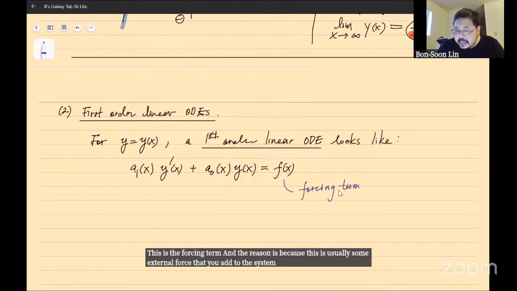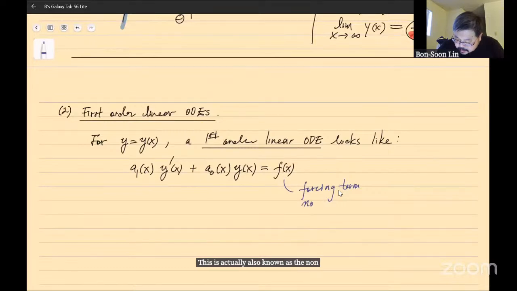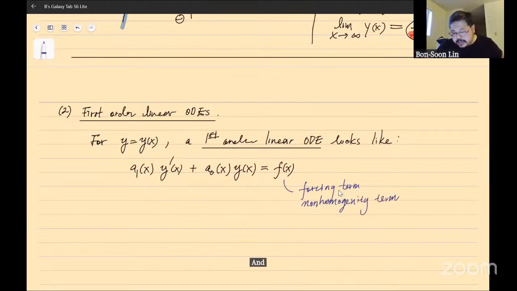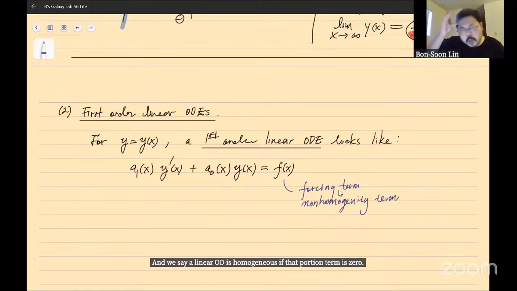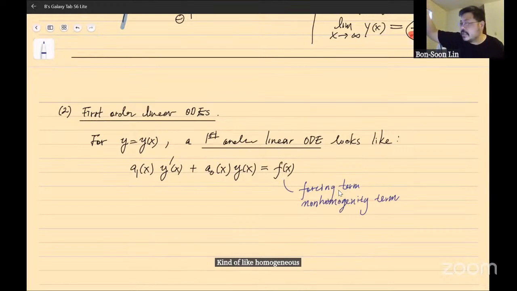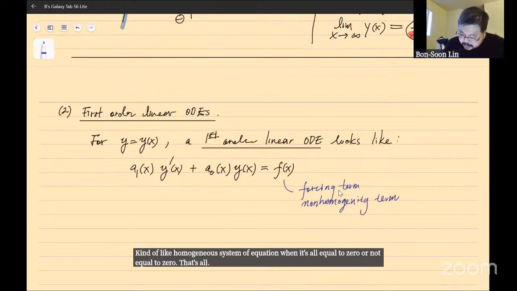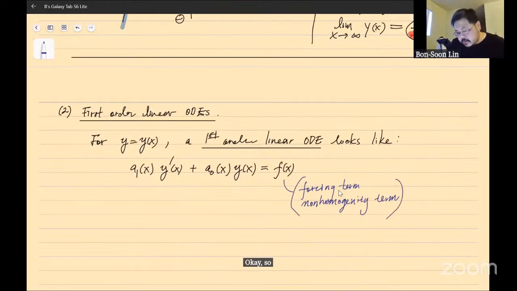But in math, especially if you have taken linear algebra, this is also known as the non-homogeneity term. We say a linear ODE is homogeneous if that forcing term is 0, just like a homogeneous system of equations. Okay, these are just some nice notation to refer to the term that has no y's attached to it.